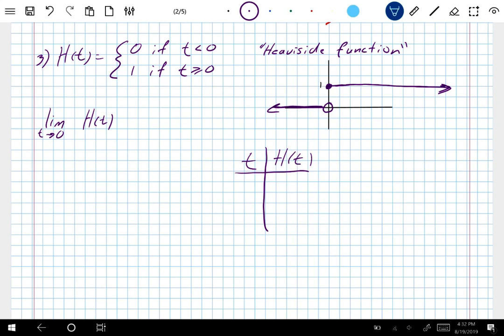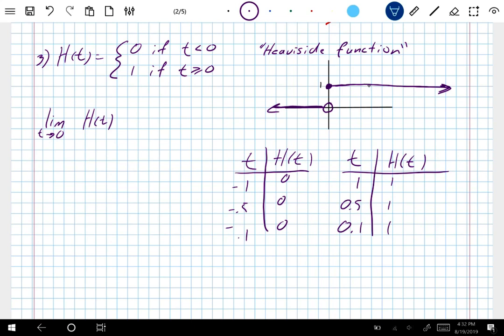If I come in from the left, say -1, -0.5, -0.1, well, each of these h values, they're all 0. And if I come in from the right, maybe I start at 1, and then at positive 0.5, and then at positive 0.1, I'm getting closer and closer to 0. Each of those is just going to be a 1.